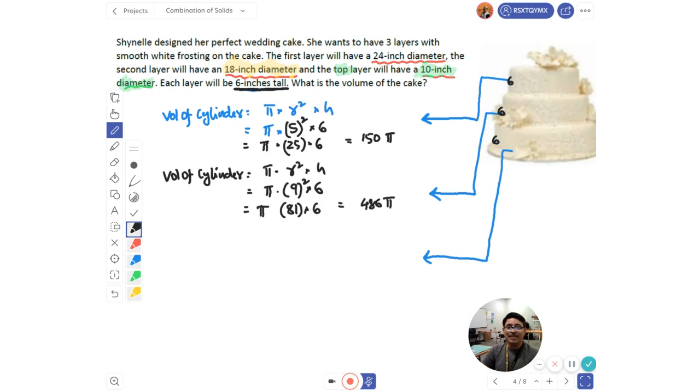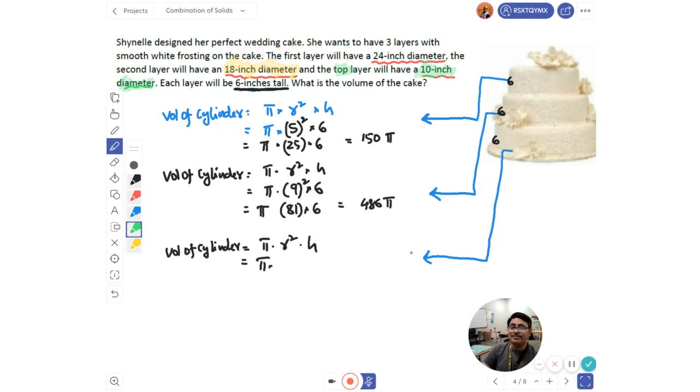Okay. And next, the volume of the bottom layer. This is also in the shape of a cylinder. Therefore, volume of a cylinder equals pi times radius square times h. Pi times what is the radius? Again, don't be in a hurry. Here you see that the bottom layer has a 24-inch diameter. This is the tricky part. When diameter is given, you have to compute the radius.